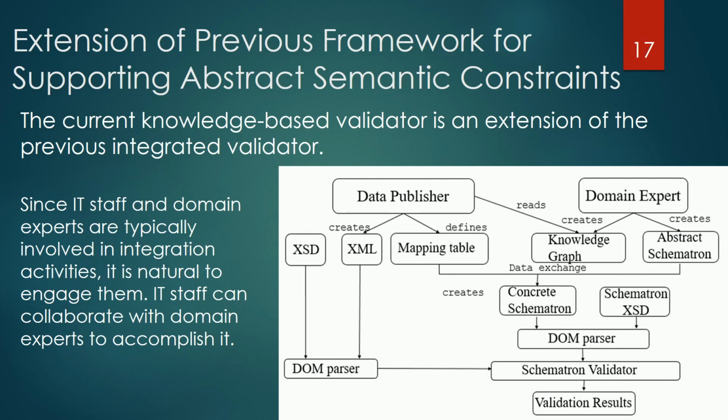Then, the data publisher defines a mapping table according to the given business data. Through data exchange, the validator could generate the concrete Schematron document for each instance. Finally, we could use the concrete Schematron documents to finish the semantic validation.